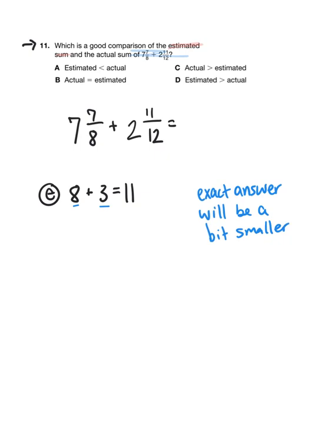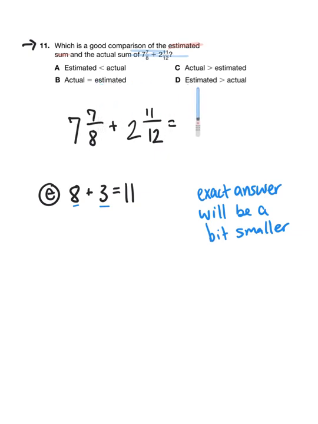You need to look at these answer choices, and it's written in kind of like a code. Is your estimated answer less than the actual answer? Or is your actual answer greater than the estimated answer? Aren't those two the same? I'll have to look at that. Or is the actual answer exactly equal to the estimated answer?